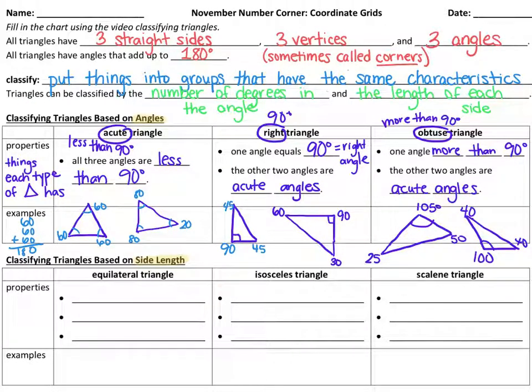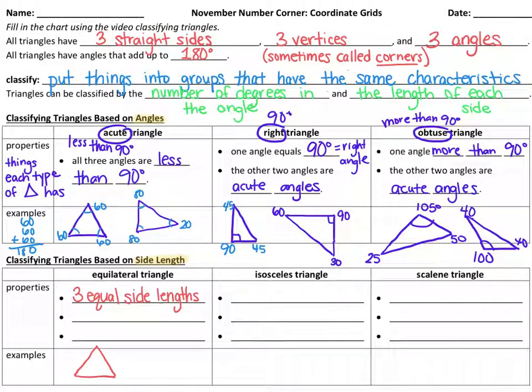Alright, side lengths. An equilateral triangle. Equilateral sounds like equal. So an equilateral triangle has 3 equal side lengths. So the sides are all exactly the same length. Okay?